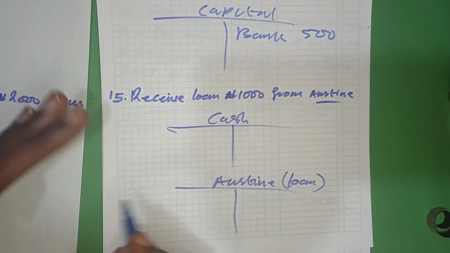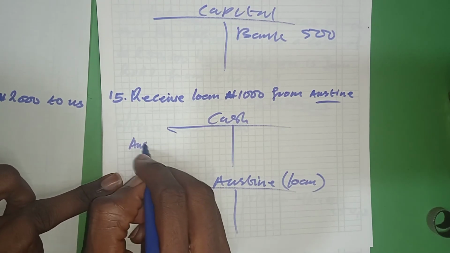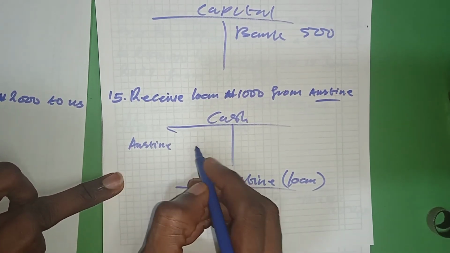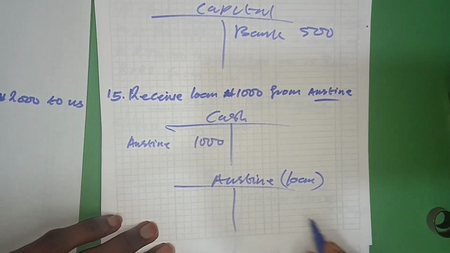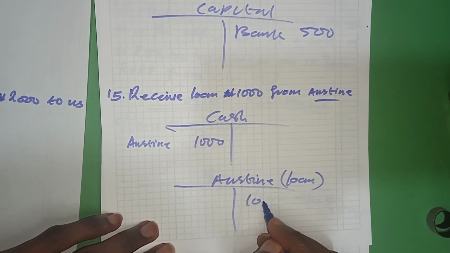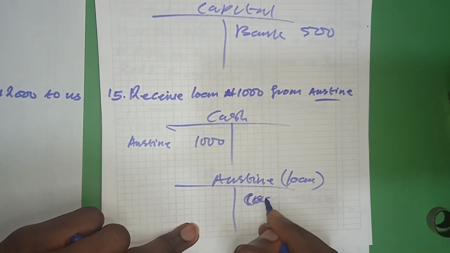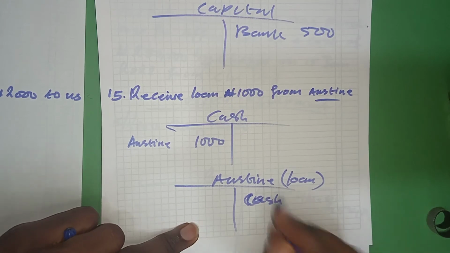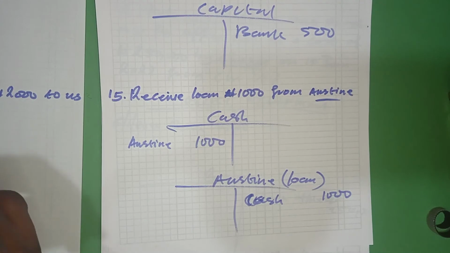Your cash will increase, so you debit your cash, 1,000 naira. Then here, loan, Austin. We put cash because we received the loan from Austin by cash. 1,000. Is that okay?